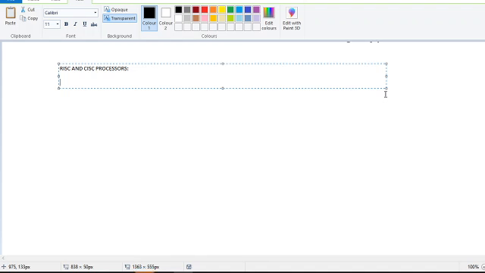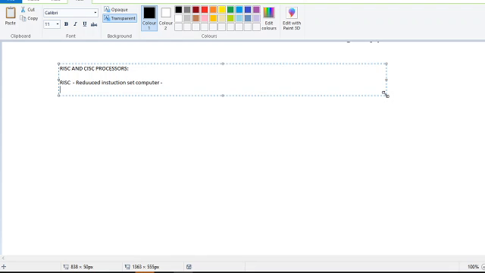So, basically, a RISC is known as a reduced instruction set computer. These would be instructions which would be quite small. They would only take like a cycle or two to be able to complete.